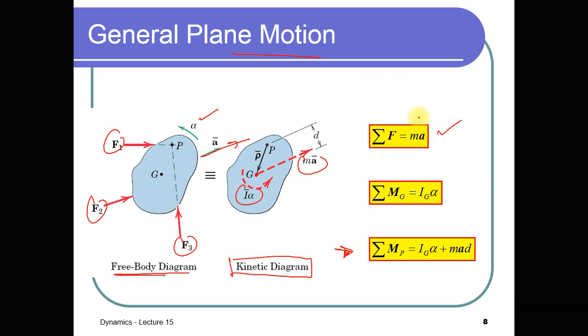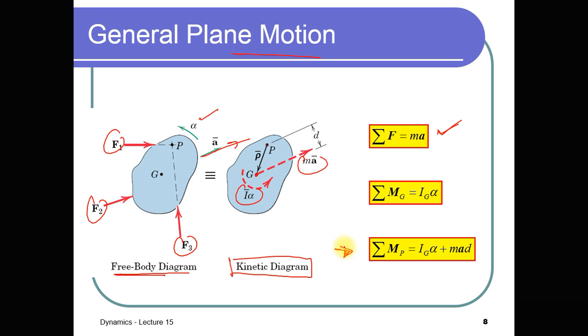The equation of motion for general plane motion is: the total external force is equal to ma, and this must obey the sum of moment at point G equal to the moment of inertia at point G times alpha.